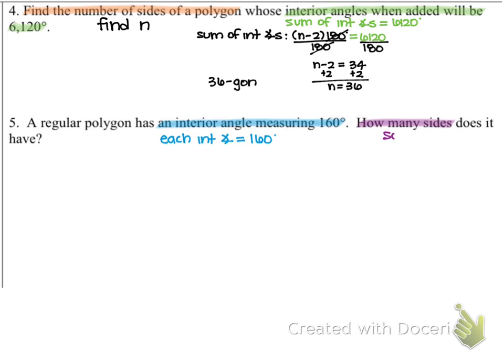So solve for n. All right, let's look at the information that we've got here. We've got each interior angle. Okay, well, if you take a look back at the notes, each interior angle in a regular polygon, well, we're going to take the sum of the interior angles and we divide that by the number of interior angles, so however many we have.